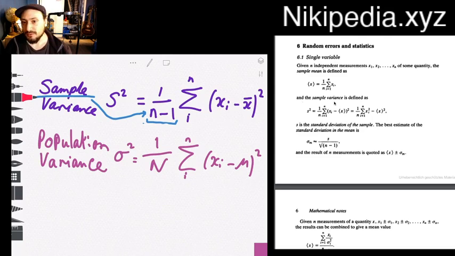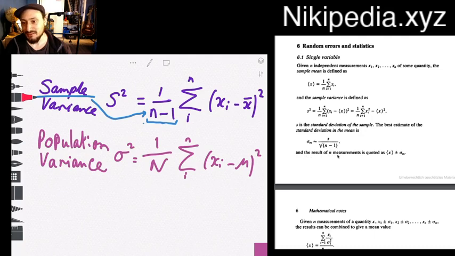So the sample variance is defined as this formula here, the sum of this, and the standard deviation of the sample, the best estimate of the standard deviation in the mean, is sigma m approximately equal to the square root of that sample variance divided by the square root of n minus 1.